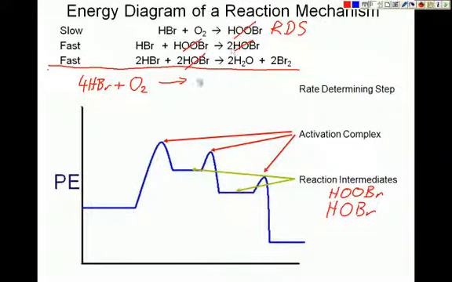And same with this one. But 4 HBr plus O2 makes 2 H2O and 2 Br2. And it should be already balanced here. Just to make sure, we have 4 Br here, 4 here, 4 hydrogens, and 2 oxygens on both sides. Okay, and that is how we can relate a reaction mechanism to an energy diagram.